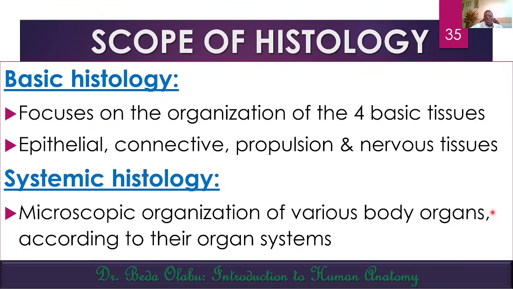So you look at the microscopic structure of the esophagus, stomach, liver, rectum, pancreas. So that becomes what we call systemic histology. You are looking at the histologic organization of different organs according to their organ systems.